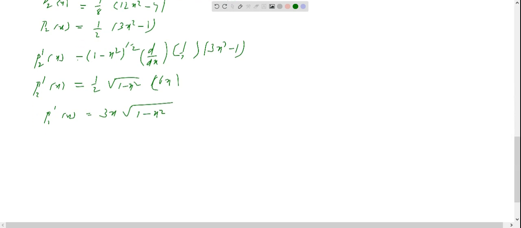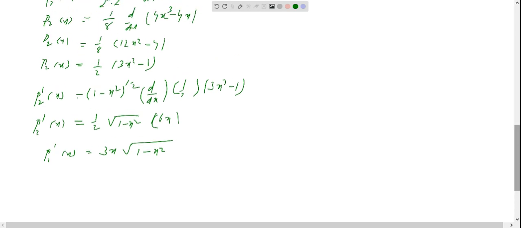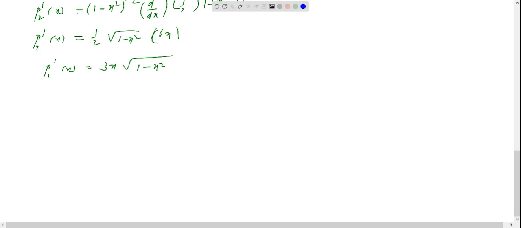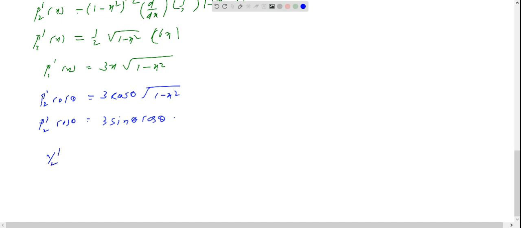Now we have P_2^1(cos theta) equal to 3 cos theta root of (1 minus cos square theta), so P_2^1(cos theta) is equal to 3 sin theta cos theta, and therefore Y2^1(theta, phi) is equal to minus root of 5 out of 24 pi, e to the power minus i phi, into 3 sin theta cos theta.